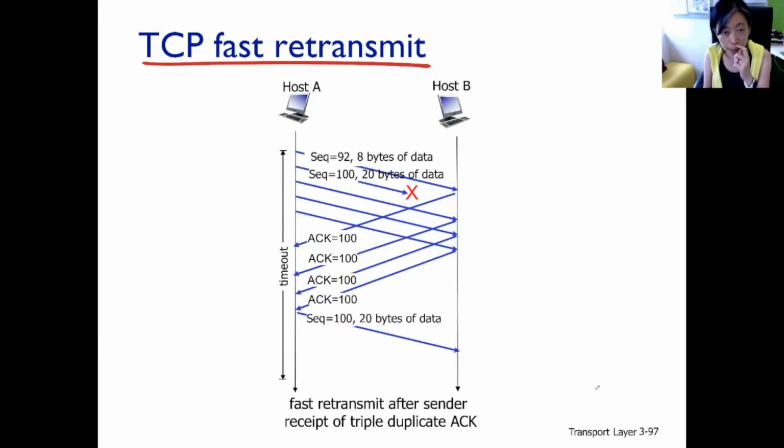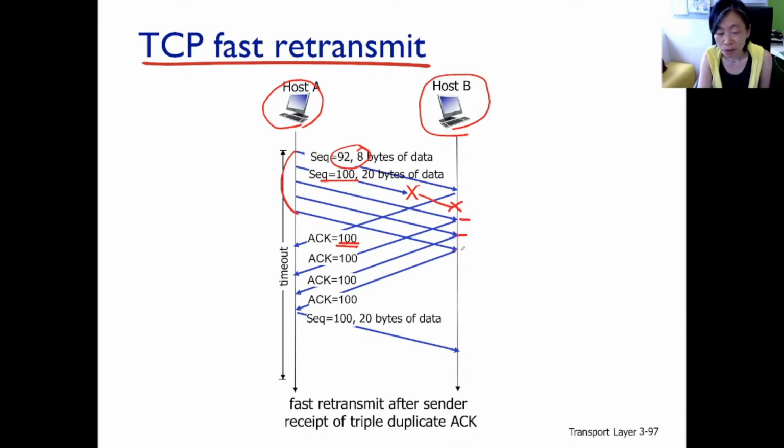And this example illustrates triple duplicate ACKs. Host A here is the data sender, host B here is the receiver. So the window size warrants that we send 5 packets in one train. Let's say packet number 2, sequence number 100, is lost. Then this is going to generate an ACK for sequence number 100. But this one is lost, so it's not going to generate anything.